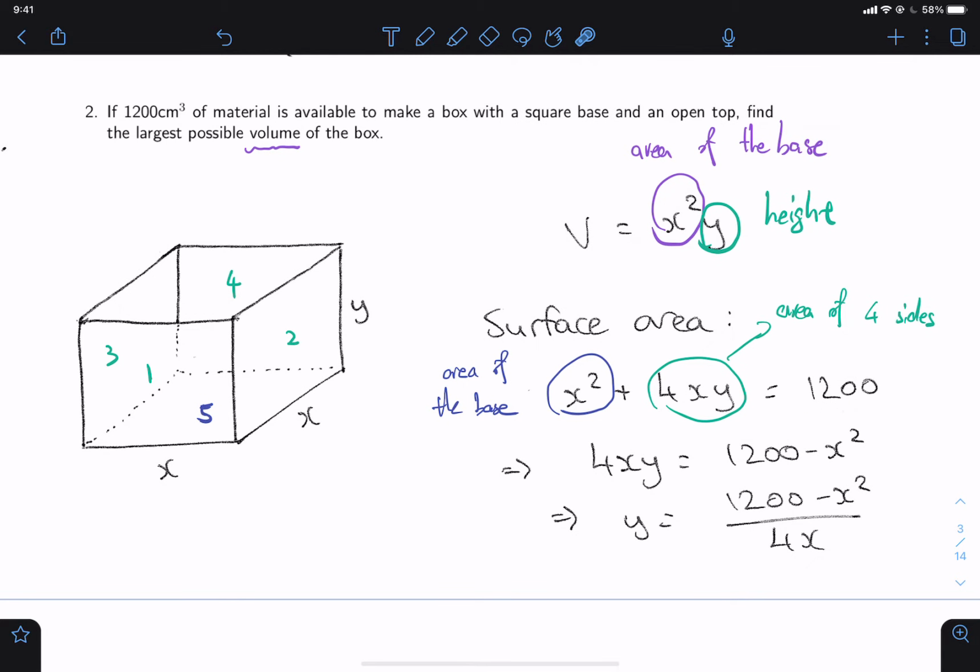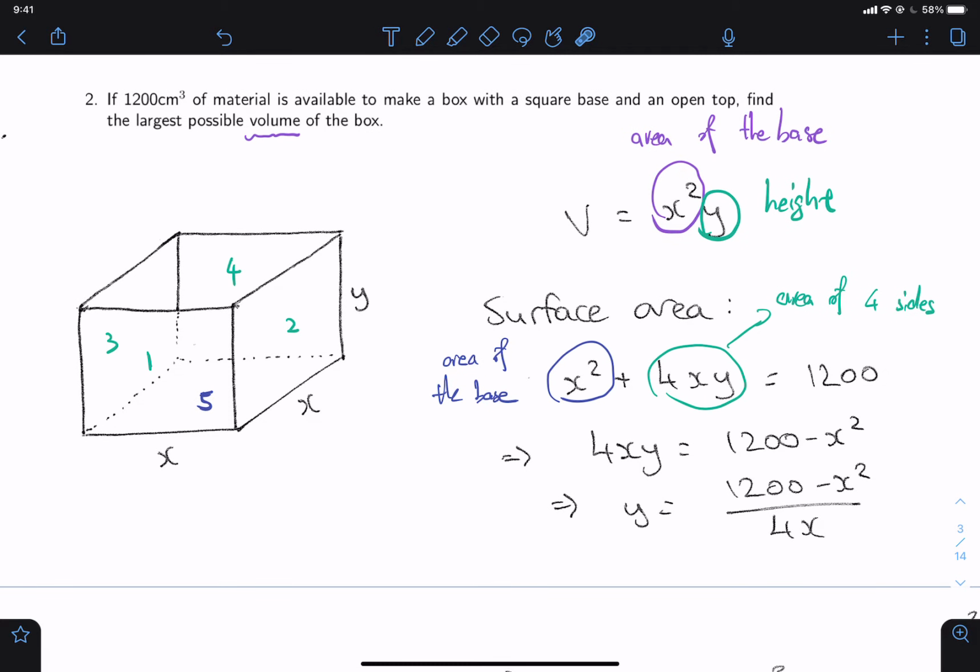Now we're going to use this relation to establish a relation between y and x. Namely, we want to express y in terms of x, so that we can plug it back into the previous expression, so that the volume can be written in terms of a single variable x.